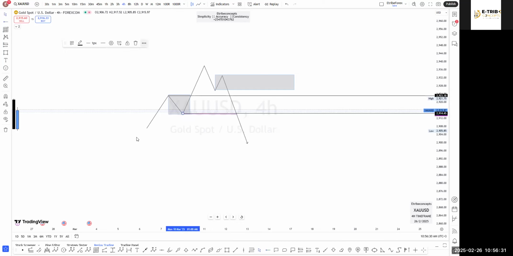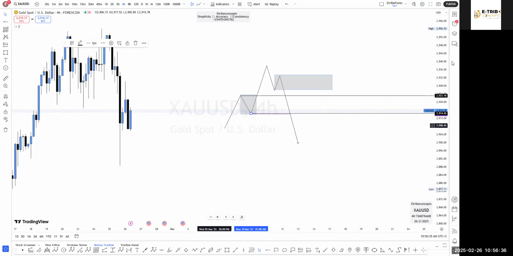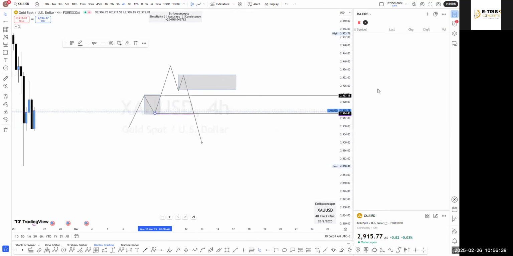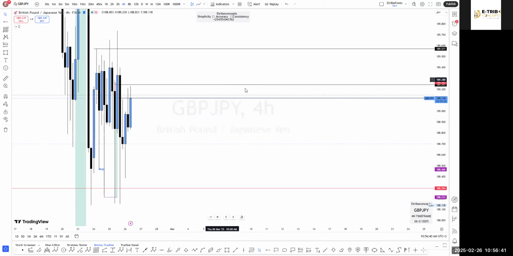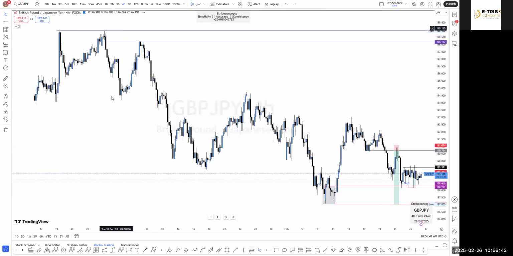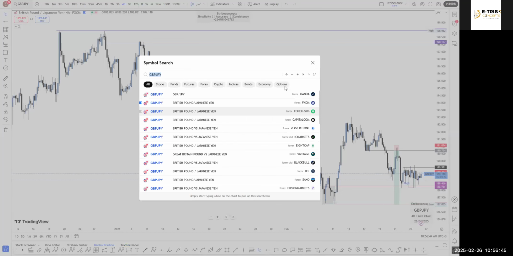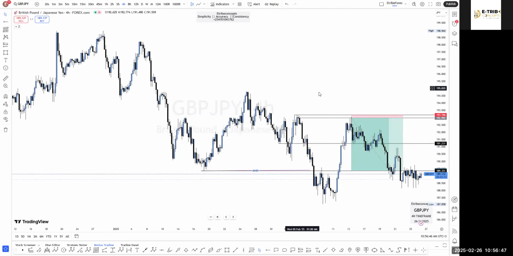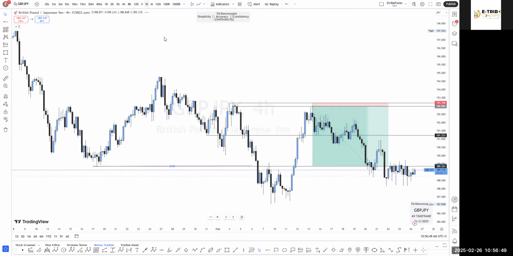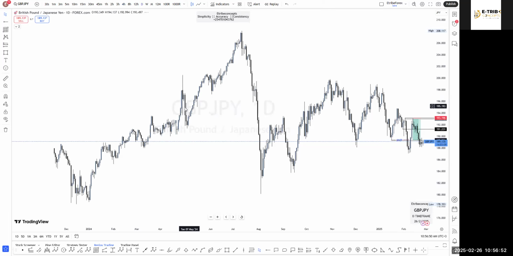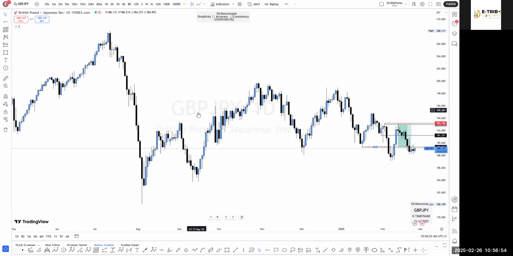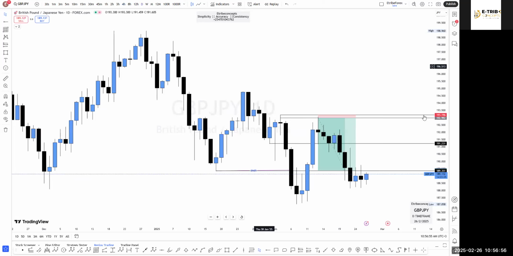I think I have some good examples for GJ. I can use that, and then I go back to gold. Let me look for GJ. Now, if you look at GBP JPY, there's this setup. Let me get an example.